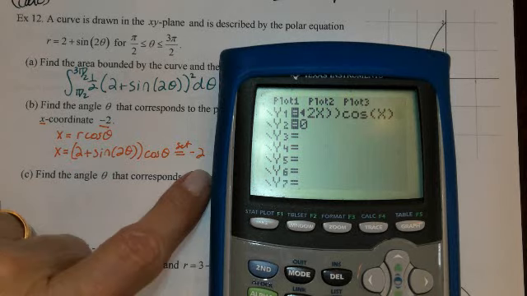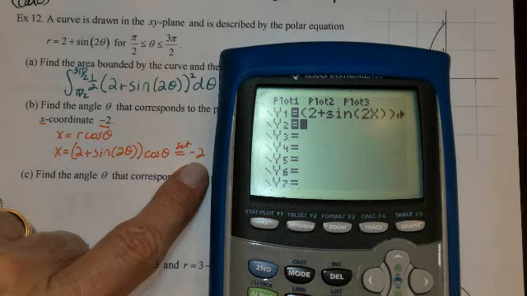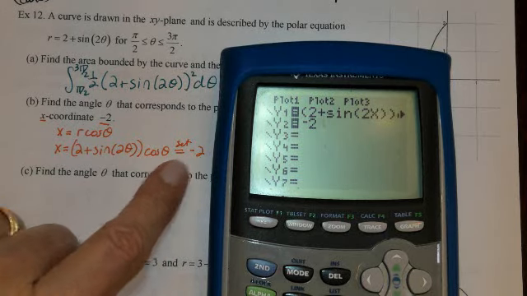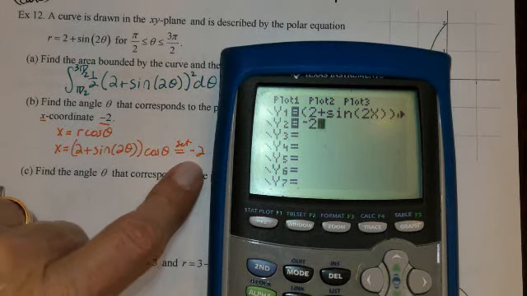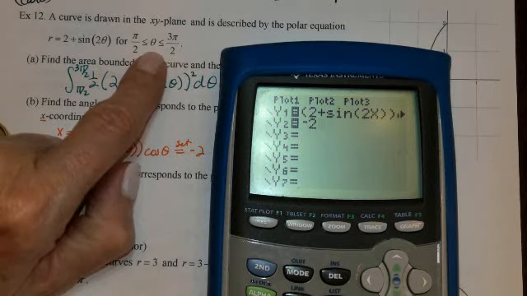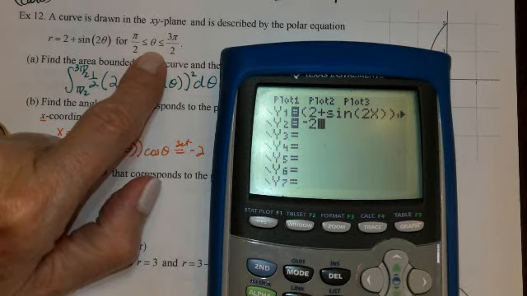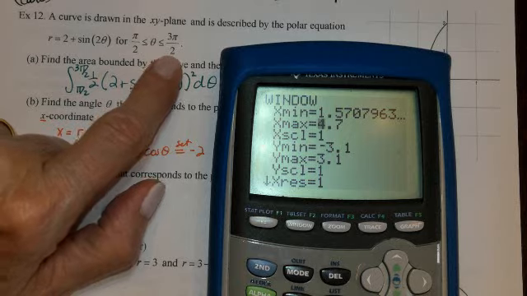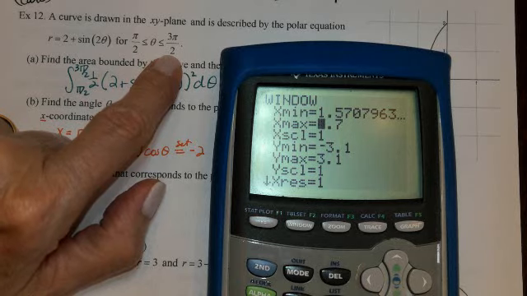And I'm setting it equal to -2, so I think this time I'm going to put -2 over here. So we're just going to find the intersection. And I know that it's going to be between pi over 2 and 3 pi over 2. You guys, please restrict your windows. Please take the moment to go to your window and restrict that. Otherwise, you're going to see way more than you want to, and it will confuse you. And you'll be saying, wait a second, which one is this, and where is it? And I've seen it before.